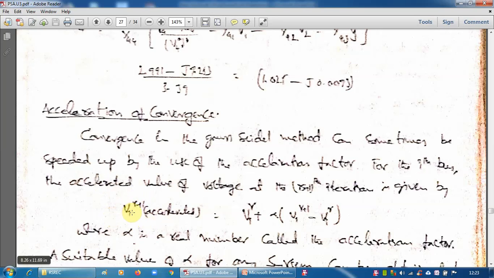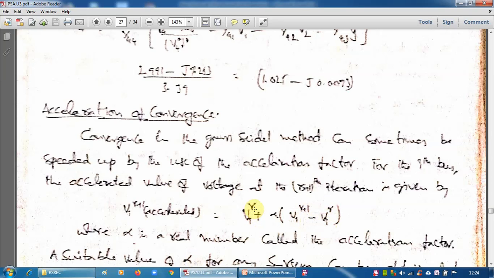So any bus voltage Vi at R plus 1, the modified, accelerated value, is given by its previous value Vi of R plus some value called the acceleration factor alpha into Vi of R plus 1 minus Vi of R. That is, if we are in the second iteration, then Vi of 2 is nothing but Vi of 1 plus alpha into Vi of 2 minus Vi of 1.